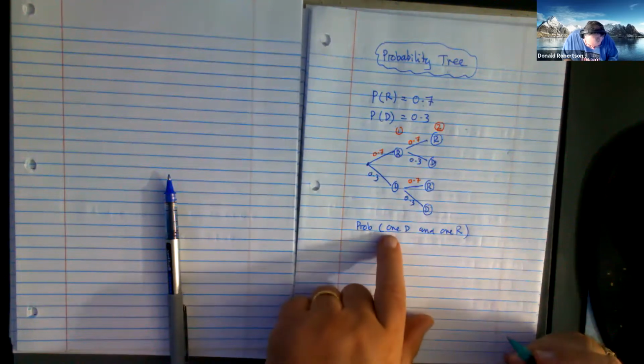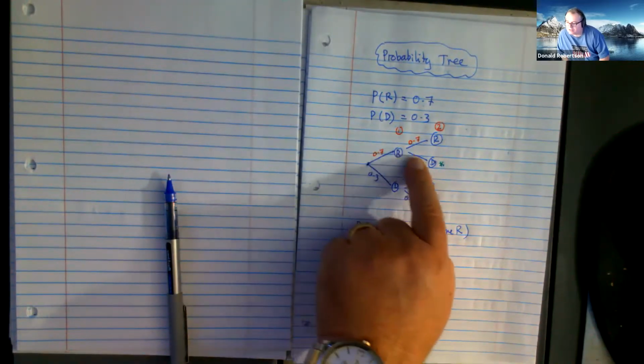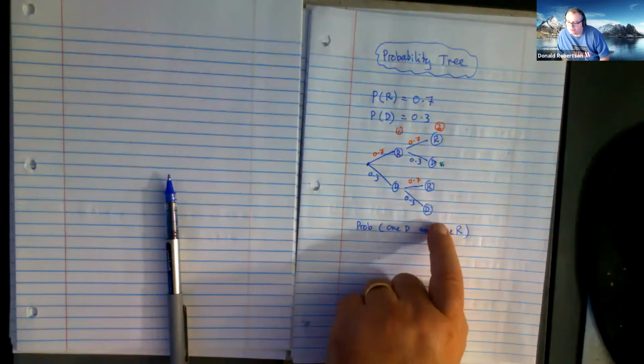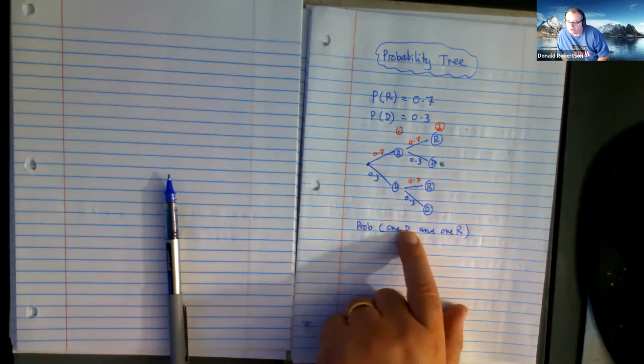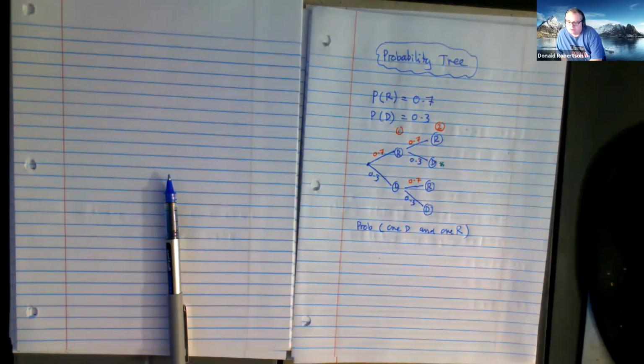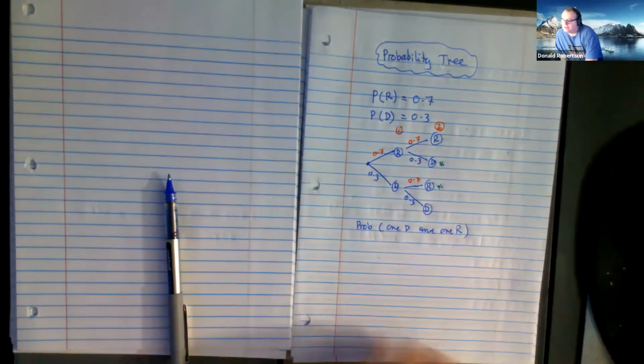If you're talking one dry and one rainy, would you agree that that one there represents that event? Isn't it a rainy day and then a dry day? Is there any other one of the 3 that's left that would also correspond to one dry and one rainy day? Agreed? Where is it? The one dry below. That one? Agreed.